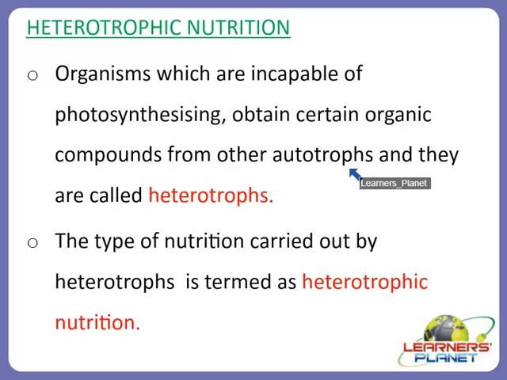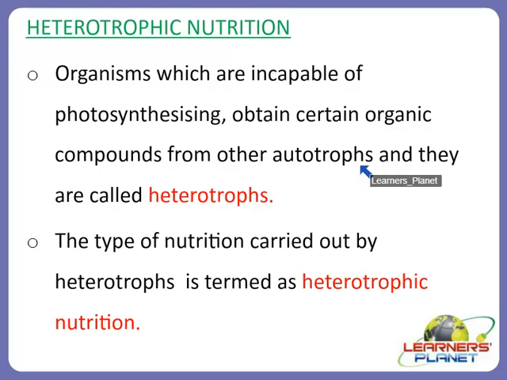Try to recall what is meant by autotrophs. Organisms, mainly the green plants, are able to synthesize their own food. So they will get food because they are manufacturing it by themselves.